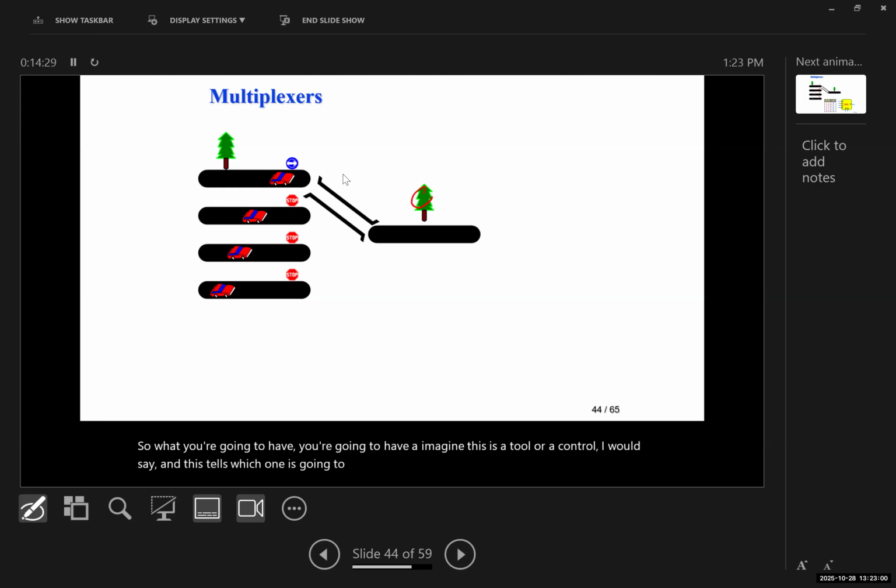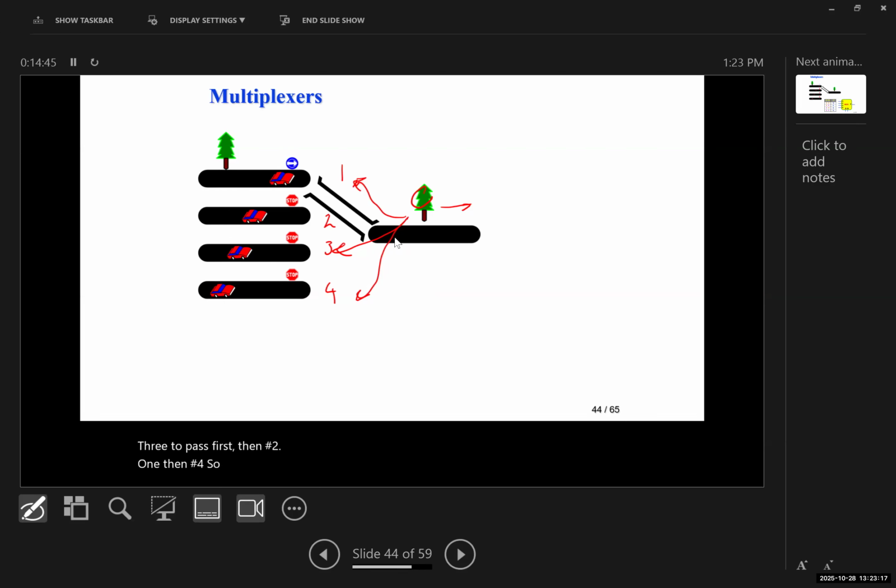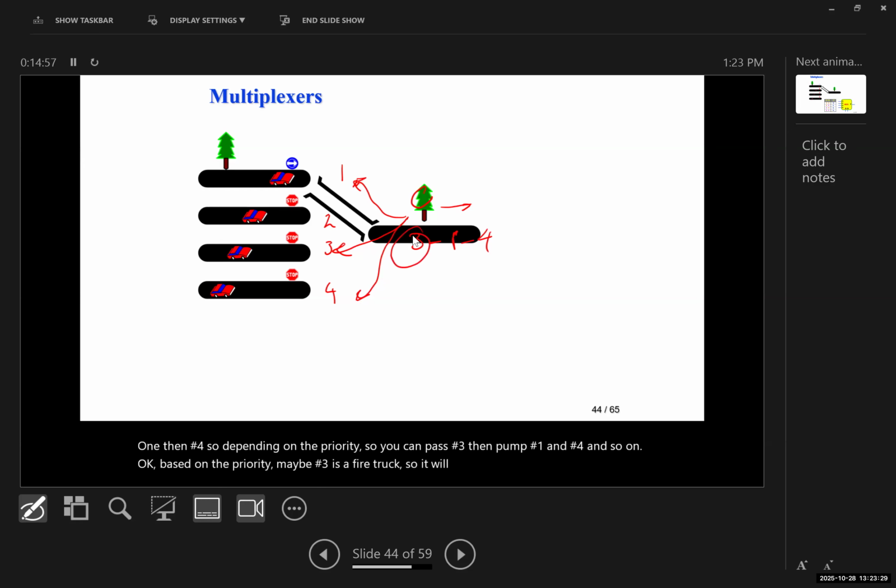So it could signal, for example, if these are number 1, 2, 3, and 4, and it could give a sequence. It would tell number 3 to pass first, then number 2, 1, then number 4. So depending on the priority. So you can pass number 3, then number 1, and number 4, and so on, okay? Based on the priority. Maybe number 3 is a fire truck, so it would tell the fire truck to go first.